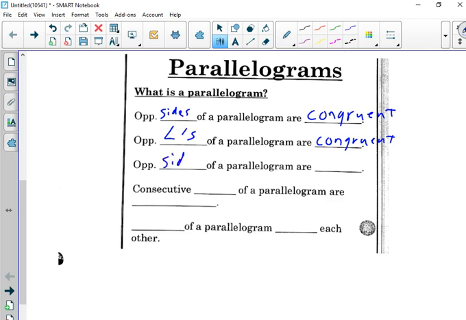And the big one, opposite sides of a parallelogram are parallel, hence the name parallelogram. Okay, consecutive angles of a parallelogram are supplementary, meaning they add up to 180 degrees.